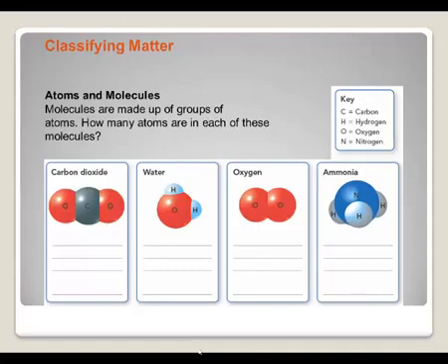In each one of these pictures, we want to identify the number of each atom that is present. In the first one, for carbon dioxide on the left, we have one carbon atom, and there are two oxygen atoms combined to the outside of that carbon atom. This is the same molecule that is released when we go through a burning process.